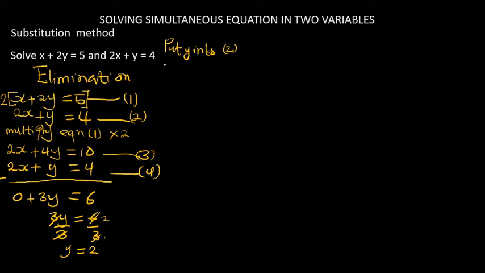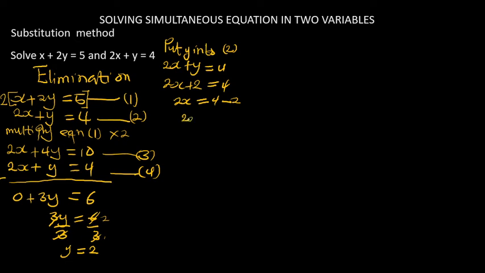So we now have, remember this is equation 2, 2x plus y equals 4. But this time, y is equal to 2, so 2x plus 2 equals 4. So we have 2x equals 4. This time we're moving this 2 to the other side, so it becomes negative 2.